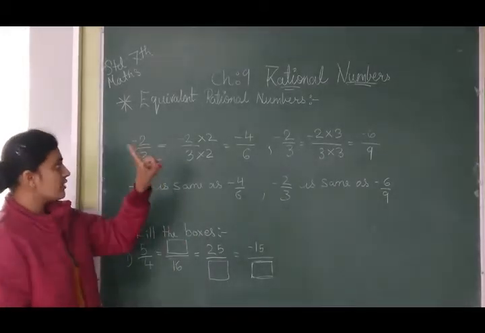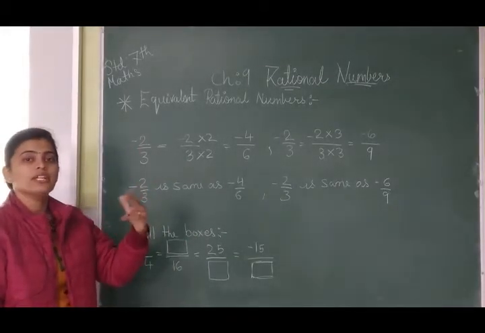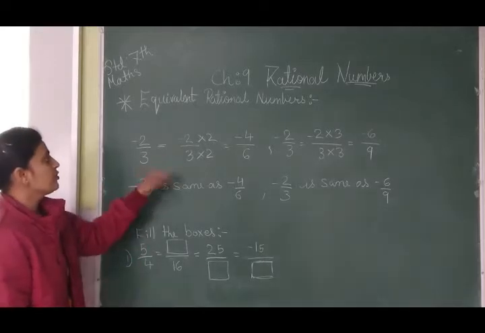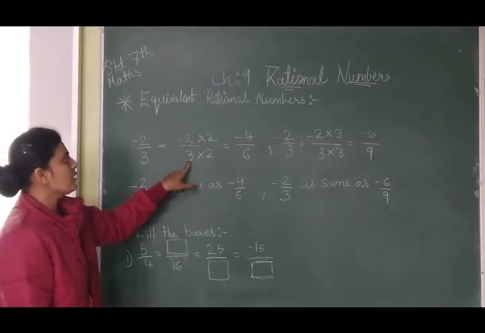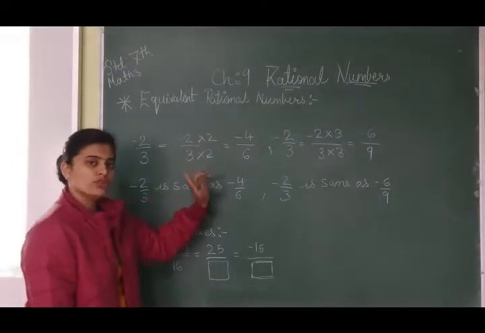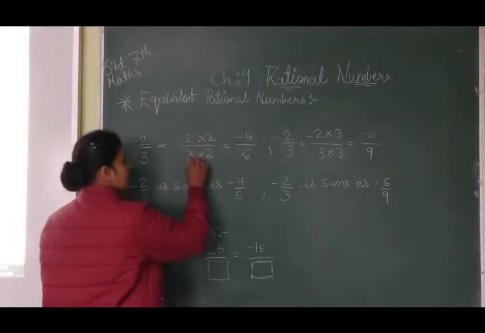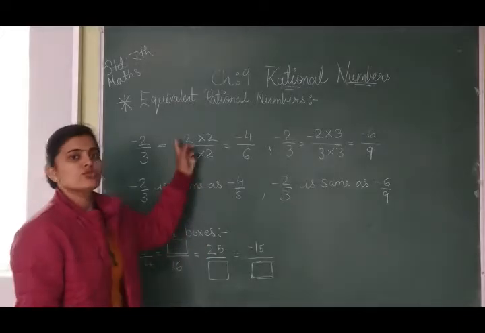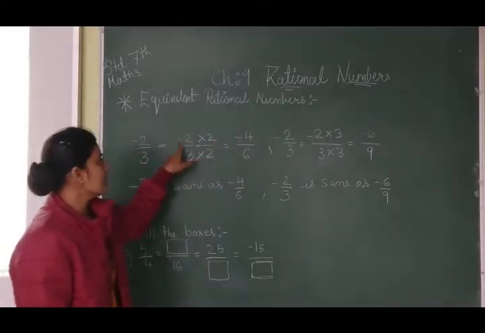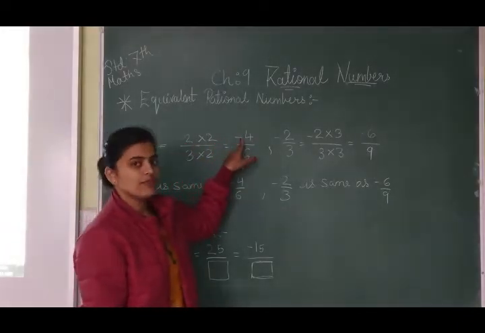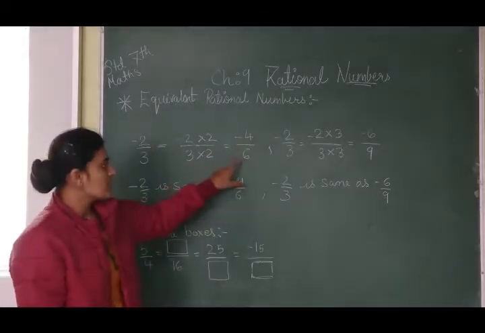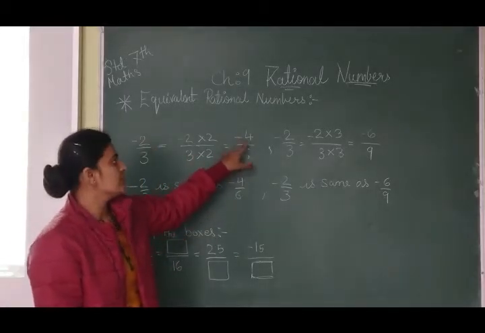First, to find the first equivalent rational number, we will multiply both numerator and denominator by 2. That means minus 2 multiplied by 2 and 3 multiplied by 2. So 2 2s are 4, and since minus 2 is there, the answer will be negative, and 3 2s are 6, which is positive. Minus 4 by 6.